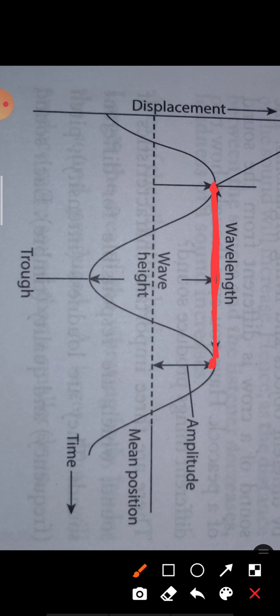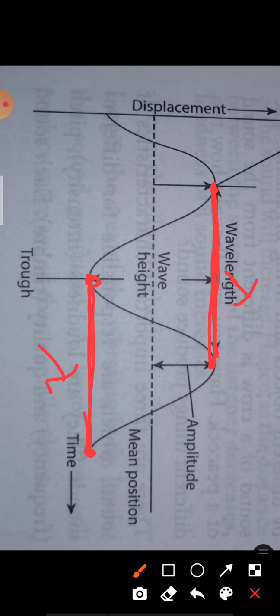Or the distance between two consecutive troughs is also called wavelength. Wavelength is denoted by the Greek letter lambda. These two distances are actually equal. So the definition is: the distance between two consecutive crests or troughs is called wavelength.